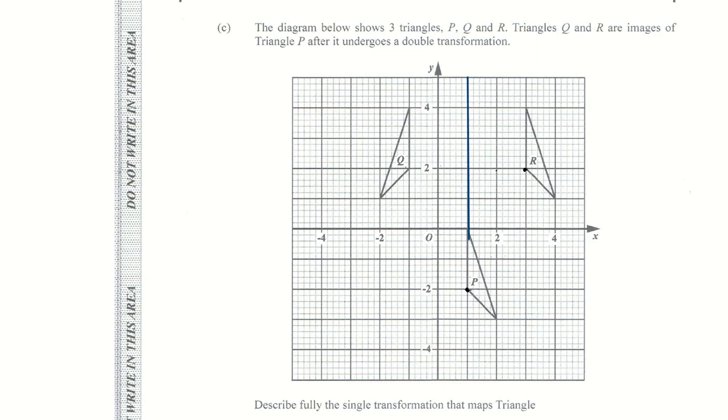Right here, and that would be the location of your mirror line, which is x is equal to 1, because that's where the line intersects your x-axis, right? Y is equal to 0 at that point, but x is equal to 1.